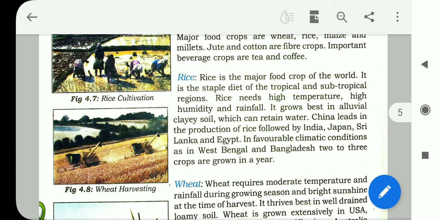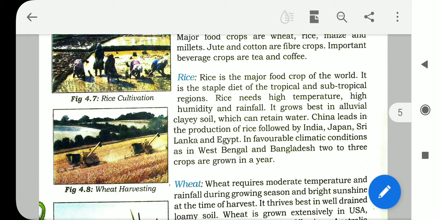China leads in the production of rice, followed by India, Japan, Sri Lanka, and Egypt. In favorable climatic conditions, as in West Bengal and Bangladesh, two or three crops are grown in a year. So, in some areas, this type of crop can be done only one time in a year.